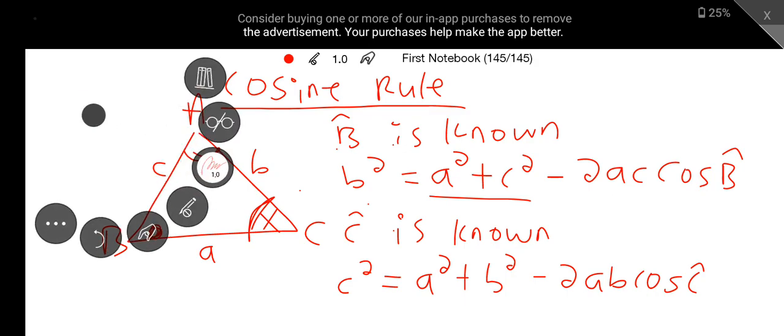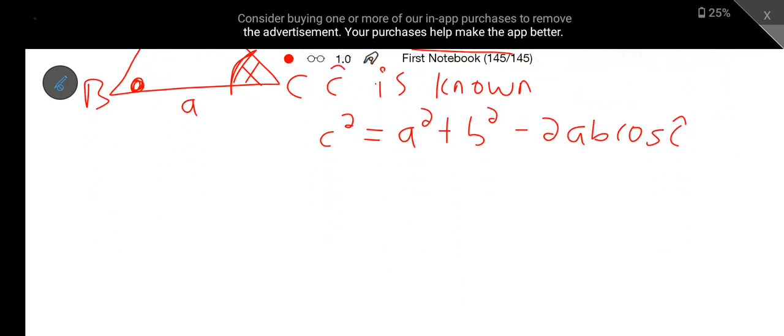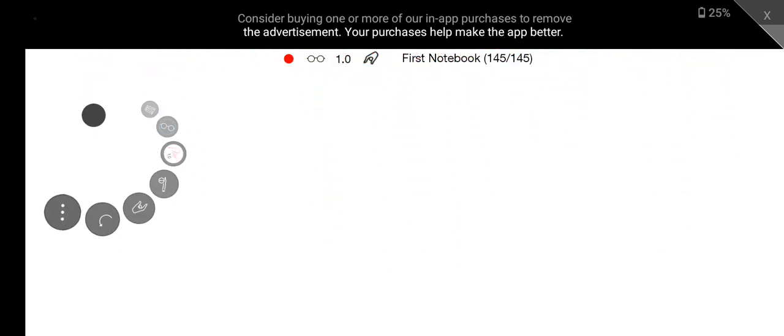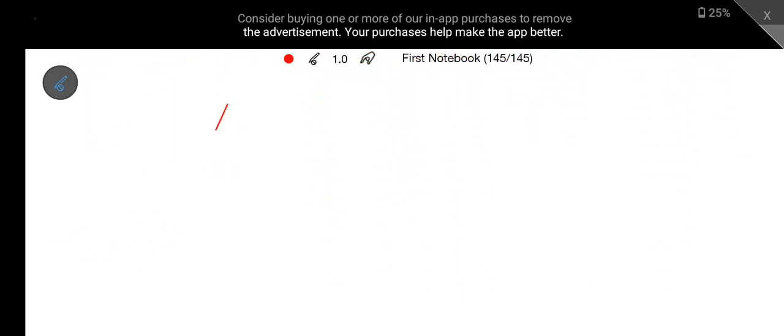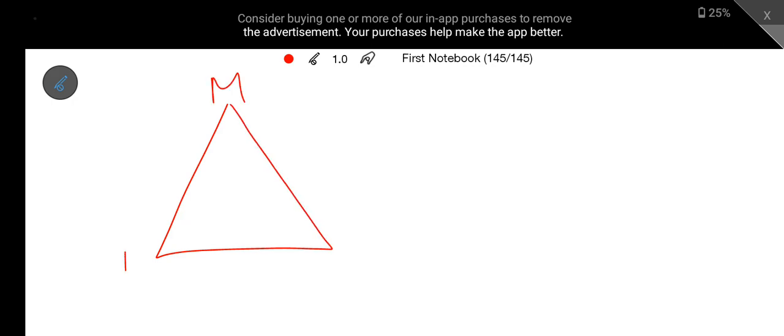Sometimes they can give you triangle XYZ. Okay, let's see if we'll be able to determine the cosine rule if given a triangle. Let's say we're given triangle MRP. The side opposite angle M will be small letter m, and so will be small letter r and small letter p. Suppose we know angle P. Give the expression or the formula for the cosine rule if angle P is known.